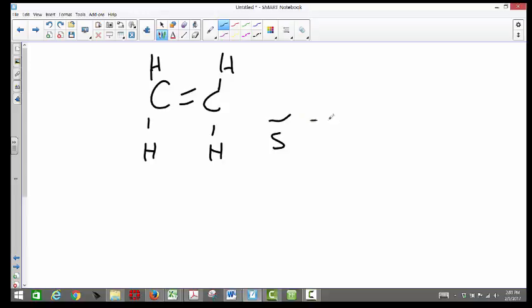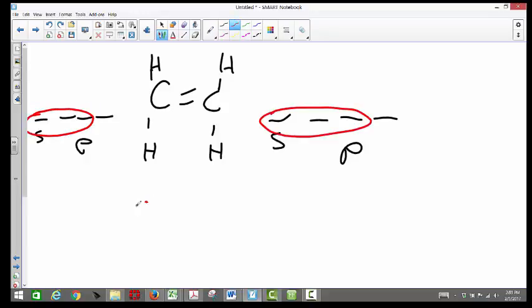So if I have an S and three p's for this carbon, and an S and three p's for this carbon, they only hybridize an S and two p's, and that makes these carbons sp2 hybridized.